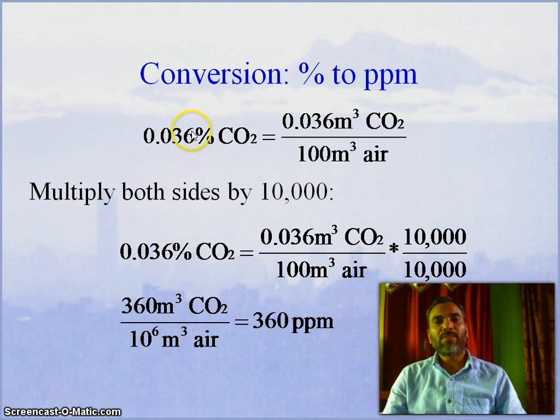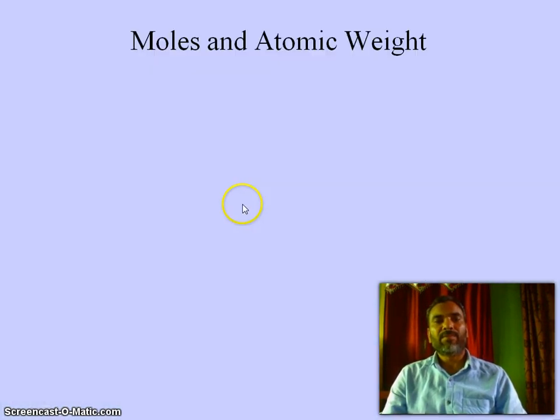So if you have the percentage, go step by step: divide by 100 and multiply by 10,000 and you will get this value. So 0.036 percent is actually 360 ppm.